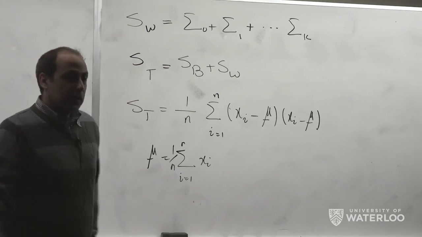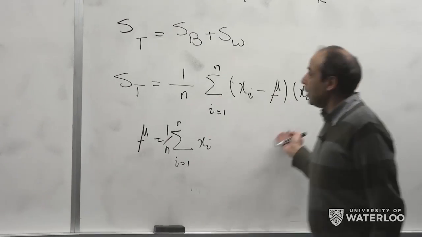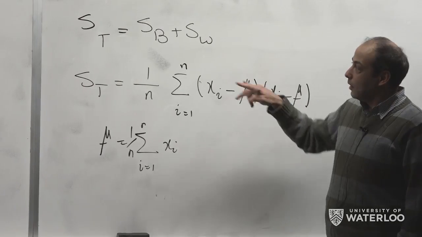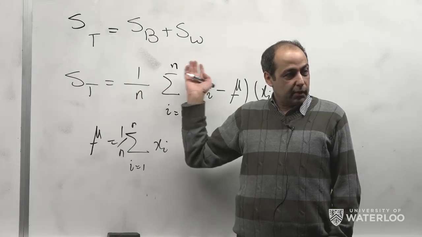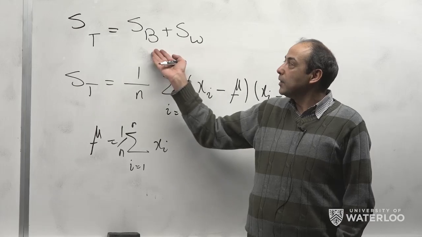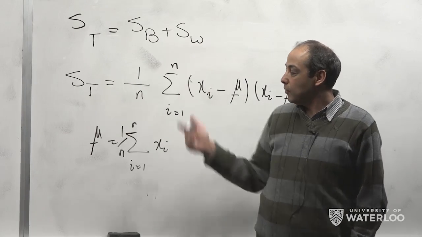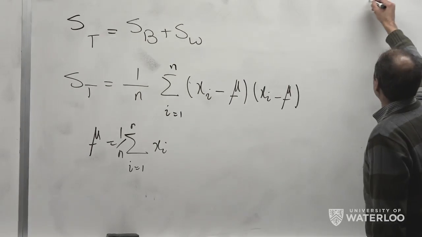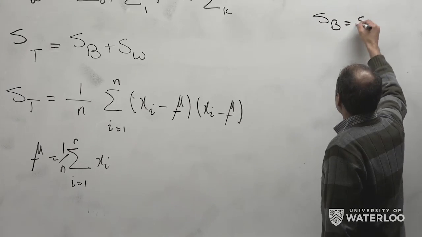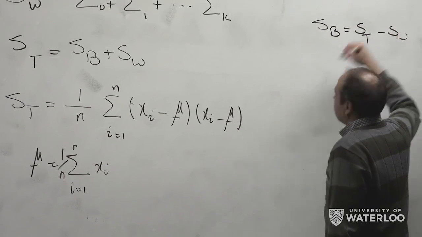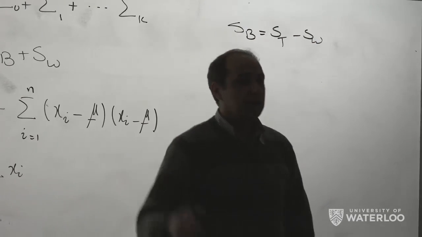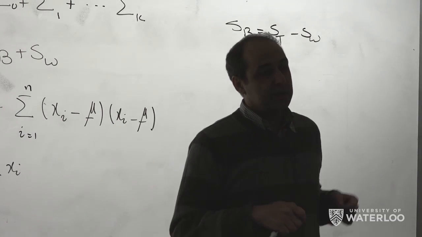So just compute the covariance of the whole data. And since it can be decomposed into within and between, and within is easy to compute, then you can easily compute between classes without going through this combinatorial problem of taking pairwise.